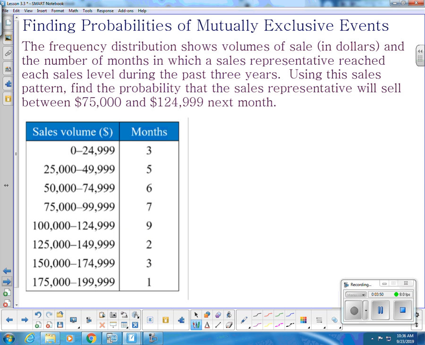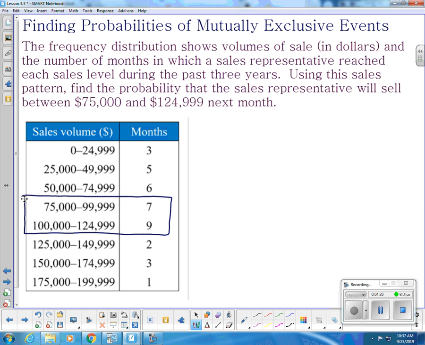Here we go. Find the probabilities of mutually exclusive events. So we show the volumes of sales in dollars. Use this sale pattern. Find the probability that the sale representative will sell between $75,000 and $125,000 next month. So we're looking at these 2 sets. What does this add up to?